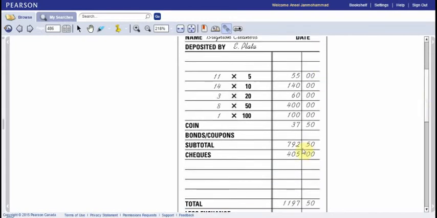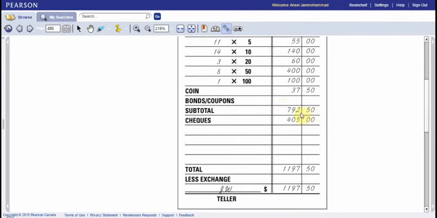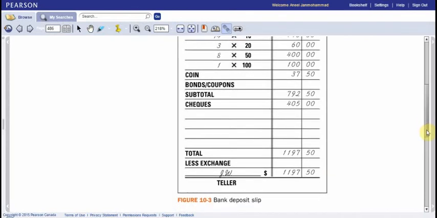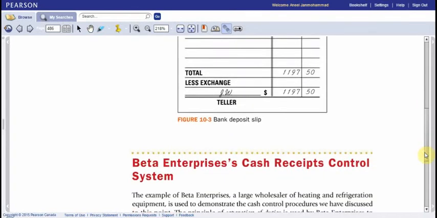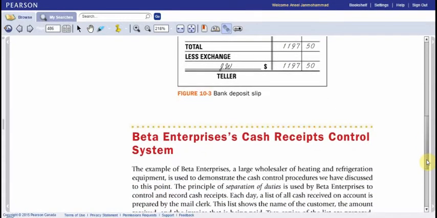So exactly what was deposited, what was the cash, how many checks, and the total deposited. The company that deposits it creates it and gives it to the bank and keeps a copy. Okay? So that's proof of everything being deposited.